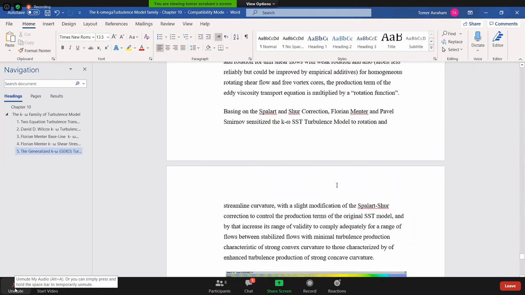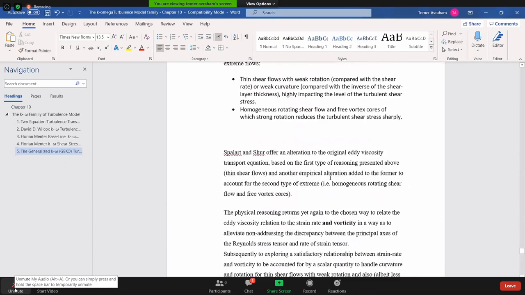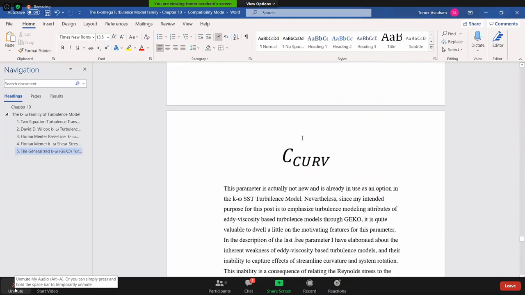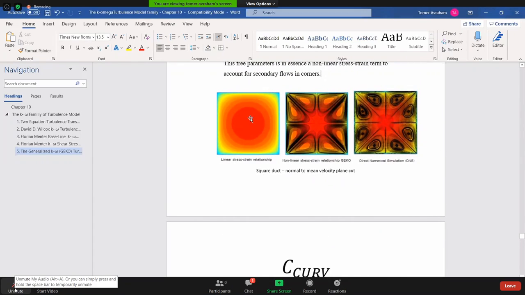The reason is that the stresses are too strong. They penetrate in the linear stress-strain relationship. The stresses penetrate too strongly to the corners. That's why you don't get the recirculation.